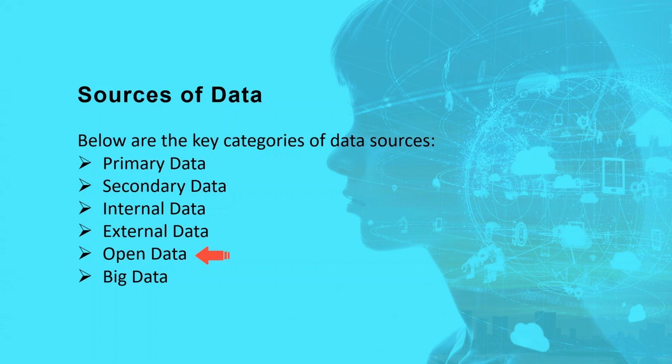These are publicly accessible without restrictions on usage or distribution. These promote transparency and collaboration across industries and sectors. And some examples of open data are government databases, research publications, and international organizations and their public data.